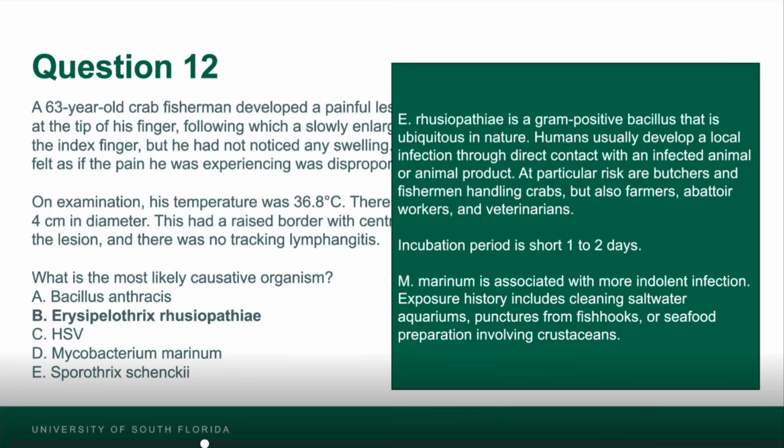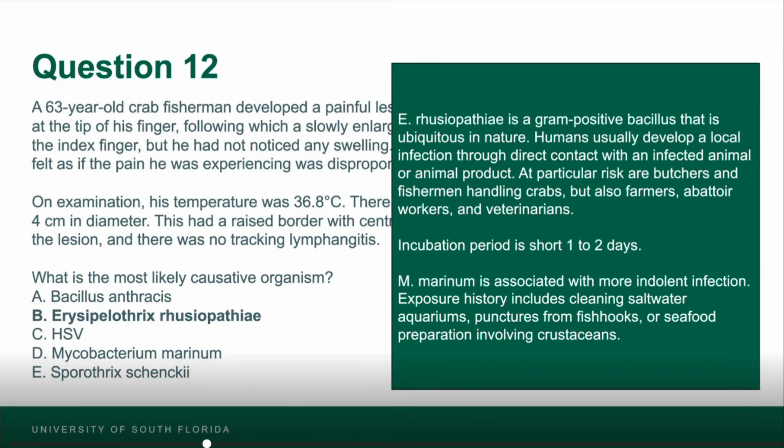You guys got the right answer. It's erysipelothrix. Direct contact with animal or animal product. So it's often occupational exposures: butchers, fishermen, farmers, veterinarians. It's a quick incubation period of 1 to 2 days compared to some of these other things. And like you guys were saying, erysipelothrix can cause more of a lymphangitic picture spreading. This case did not.